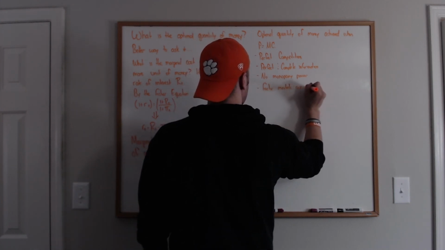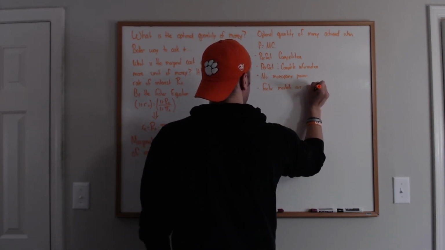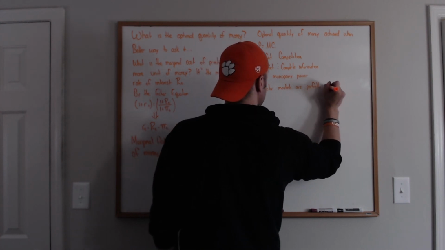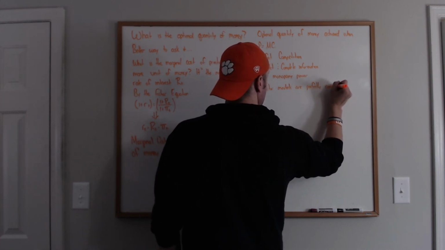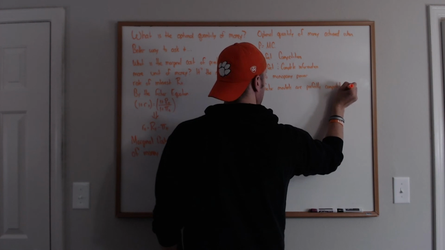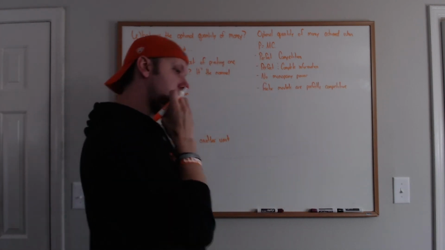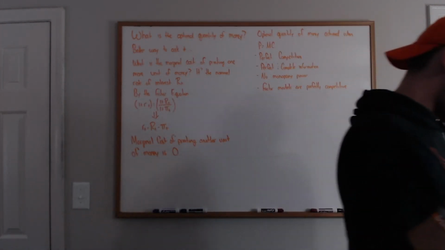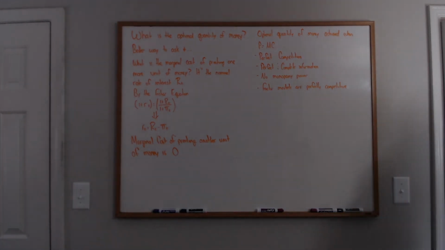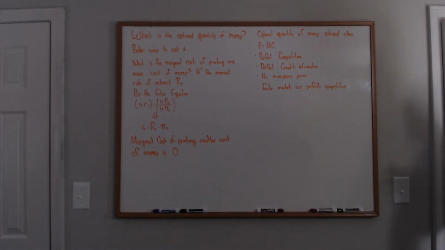Factor markets are perfectly competitive, meaning capital and labor markets are perfectly competitive. So in capital markets, the marginal product of capital is equal to the real interest rate. The marginal product of labor in labor markets is equal to the wage rate. Right?